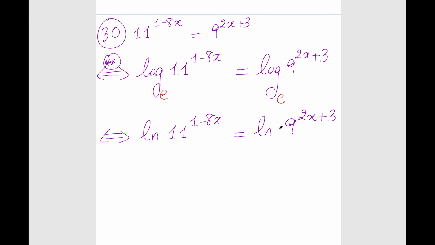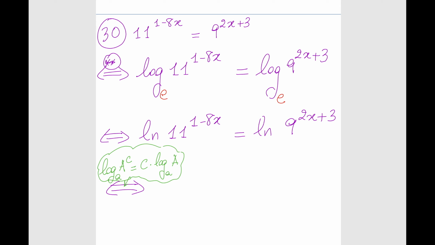You're going to tell me, oh, but ln doesn't cancel any of these two bases. I agree with you. However, it allows me to bring the exponent down. Remember one of the properties for logarithmic functions? I'm talking about this: log base a of A to the power c is equal to c times log base a of A, right? That's the property I'm alluding to, this one. So that's what I'm going to be needing.